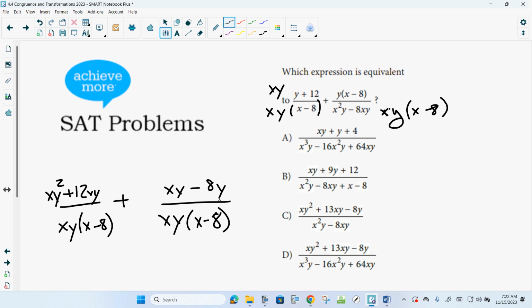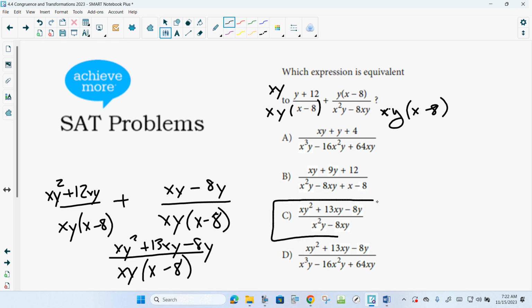And so now, combining these two, I'd have xy(x minus 8) over, adding like terms, xy squared plus 13xy minus 8y. And if I distributed this back in, it would end up being C is the correct answer.